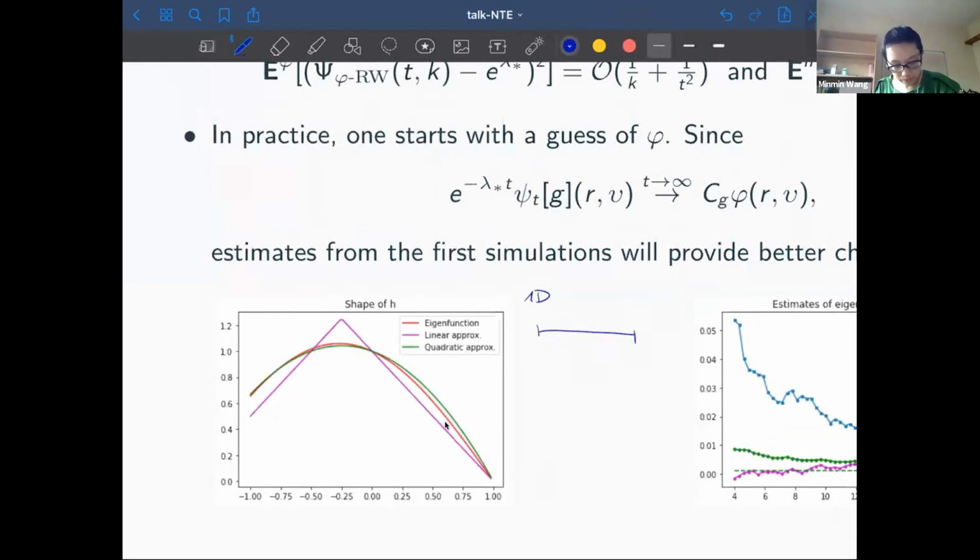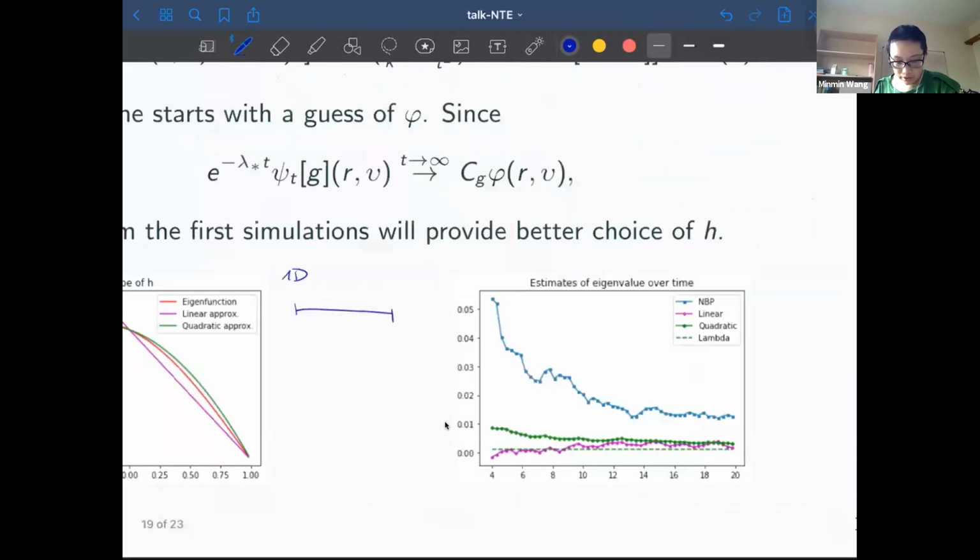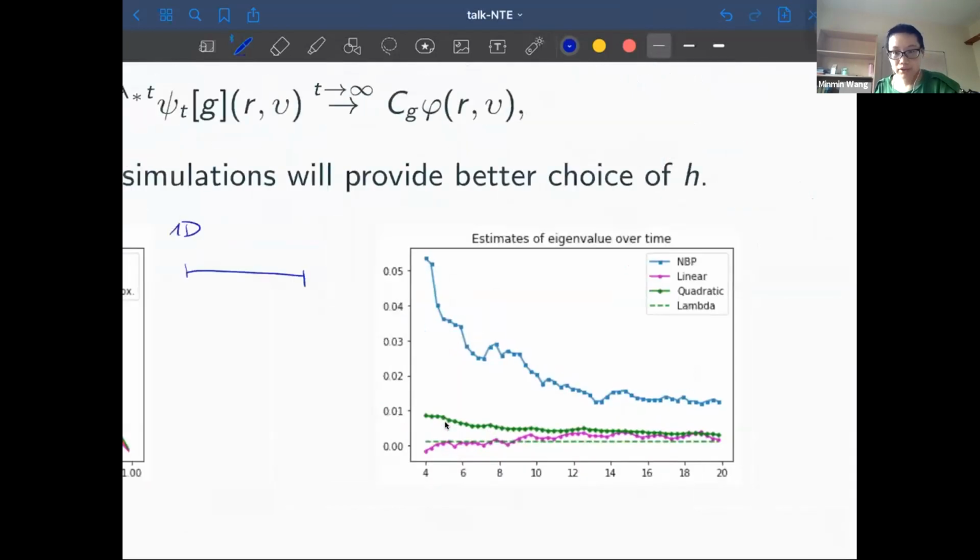One is linear, the purple line, and then there's a quadratic approximation, depicted in the green line. You can see that the quadratic approximation is a very good approximation of the eigenfunction. But it turns out that the linear approximation is already good enough.